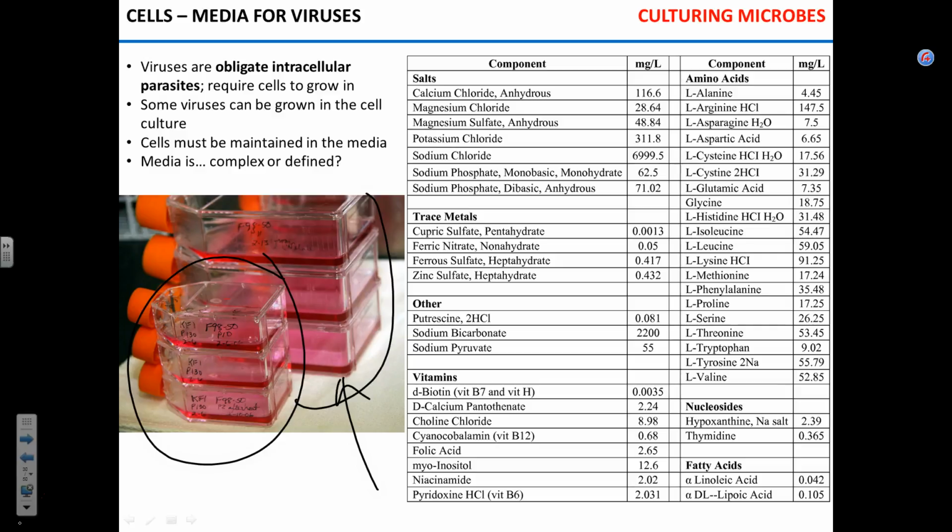Okay. Now, where do these cells come from? What do you think? Tissue, yeah. You can actually take practically any tissue. Add some proteases to it to break down cells one from another.